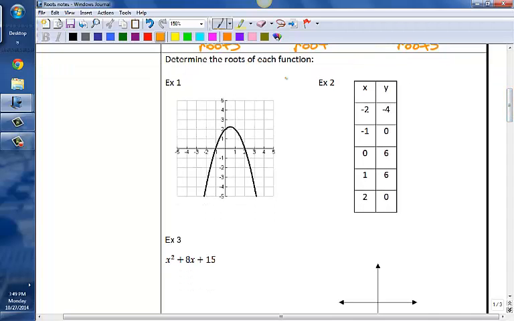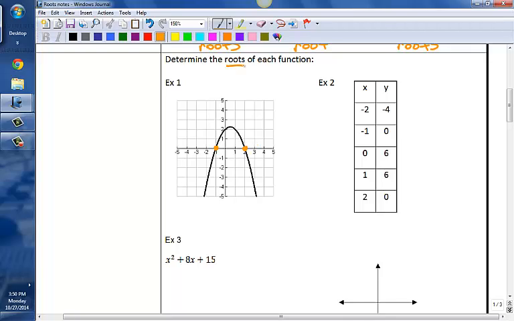Alright, so let's look at an example here. Determining the roots of each function. So let's look at this first example. Here I've got a picture representation. Remember that pictures and tables and equations are all exactly the same thing, they just are different models of the same thing. So the first thing I want to do is draw right here and show that I see where that parabola is crossing the x-axis, because that's where I'm going to find the roots.